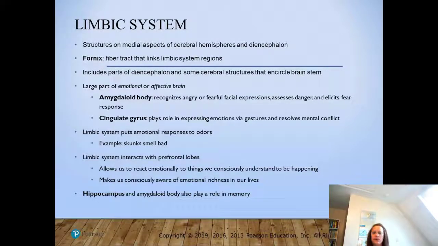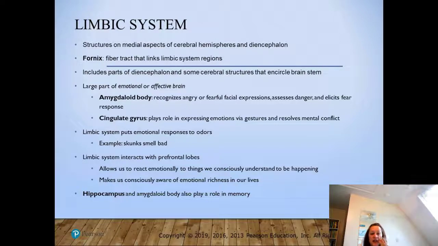So the limbic system, I think we talked about this a little bit, is structures that are found on the medial aspects of the cerebral hemispheres and the diencephalon. Also the fornix, which is the inferior of the two fiber tracts that link the regions together. It is the emotional or affective brain, right? Recognizes anger or fearful expressions, danger, elicits fear in what's called the amygdaloid body.